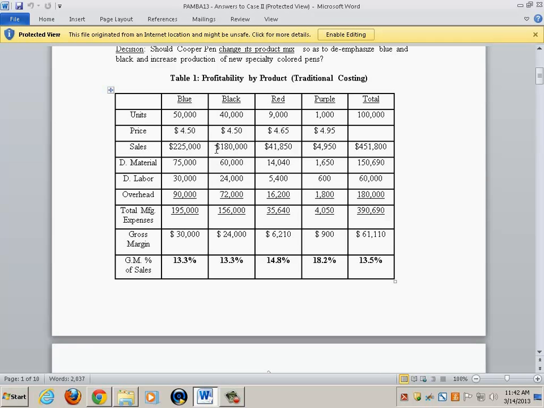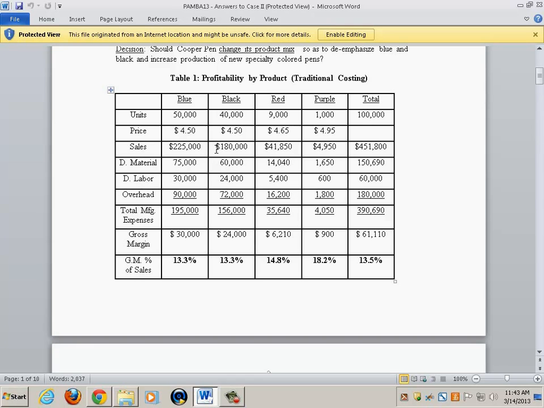Now, that's one way to make them profitable. Another is what you mentioned: reducing the costs of red and purple, and by reducing the cost, make them more profitable.